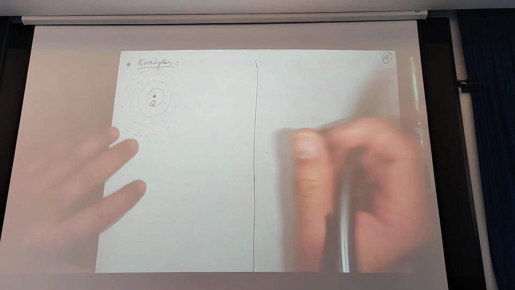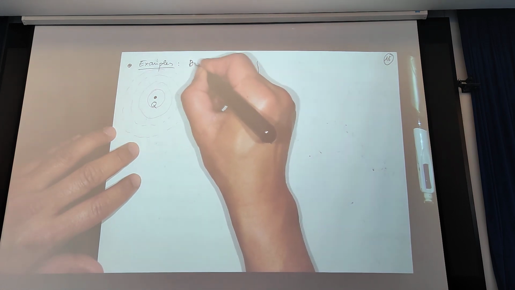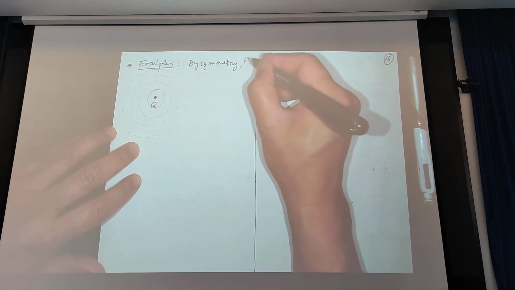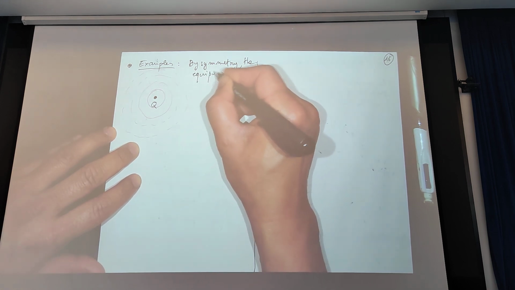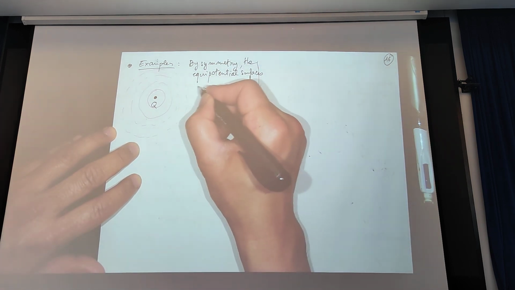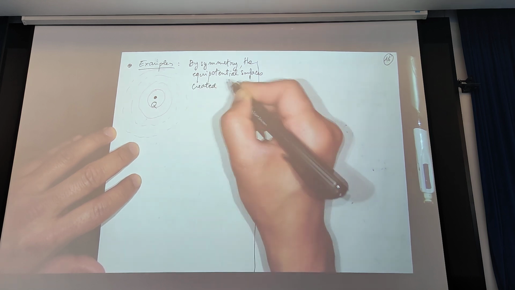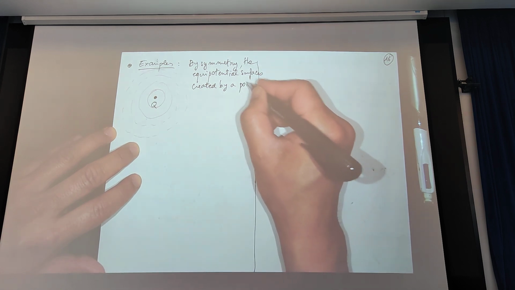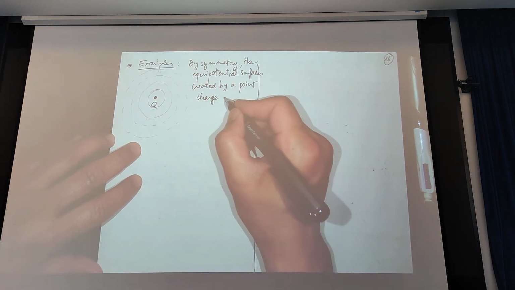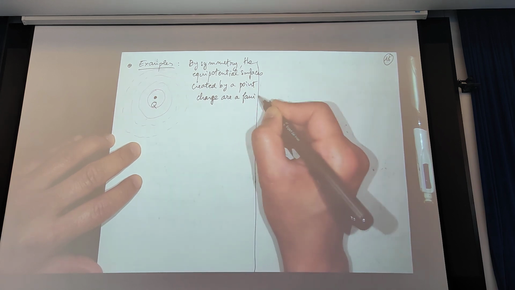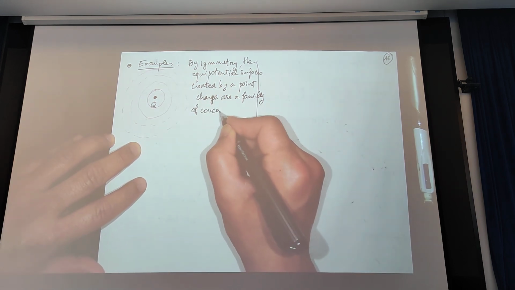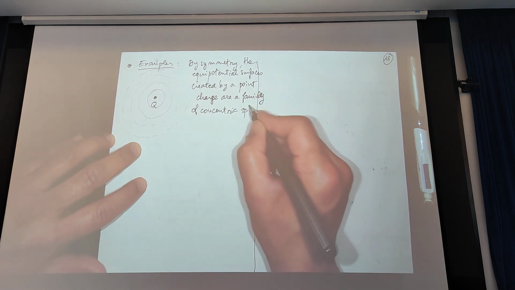So by symmetry, the equipotential surfaces created by a point charge are a family of concentric spheres. Is it okay for you?